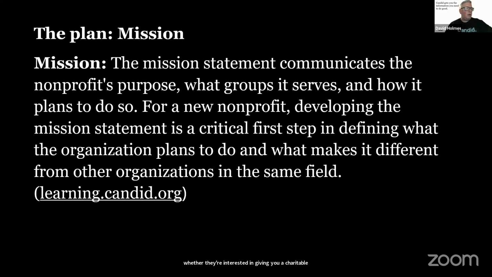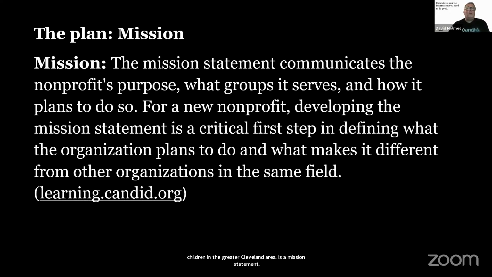Those kind of things are incredibly important to consider because that is really how your organization is judged again and again. And your mission is something that all nonprofits, all funders look at first. So the mission statement should be able to tell somebody that's looking at what you're doing, what you do daily. "We provide after school programs to children in the greater Cleveland area" is a mission statement.